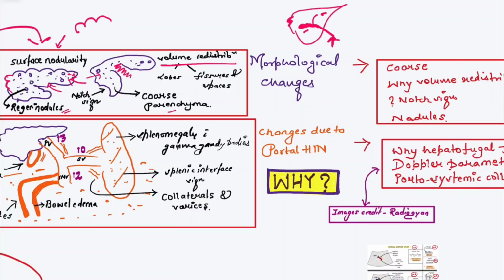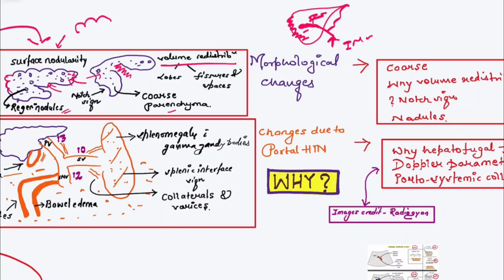So the right lobe is affected more, it gets more atrophy, but the left lobe and the caudate lobe are mainly supplied by the left branch of the portal vein, which gets its majority blood supply from the IMV, which drains the inferior gut, which has lesser toxins as compared to the upper GI tract.